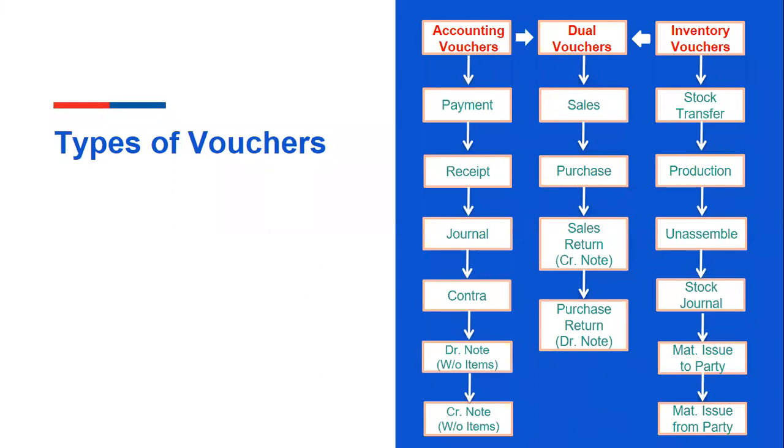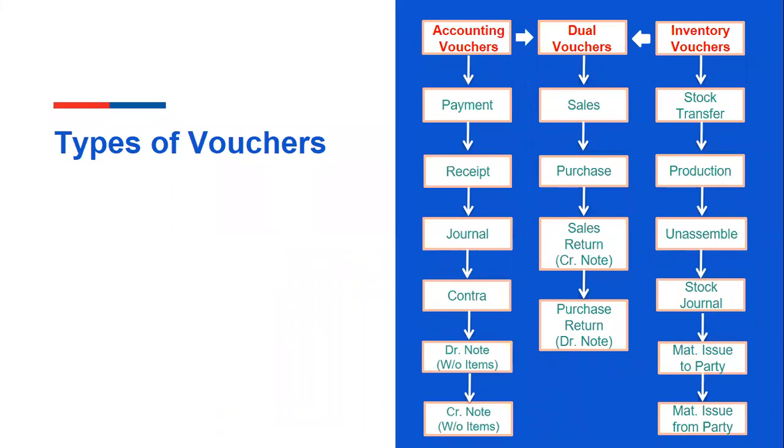If you are making a payment to a party, receiving money from a customer, paying rent, depositing money to the bank, withdrawing money from the bank, or issuing a debit note or credit note for parties, these are accounting transactions, and you have to record them in accounting vouchers. In Busy accounting software, all the accounting vouchers are available. You can record the voucher as per your need.